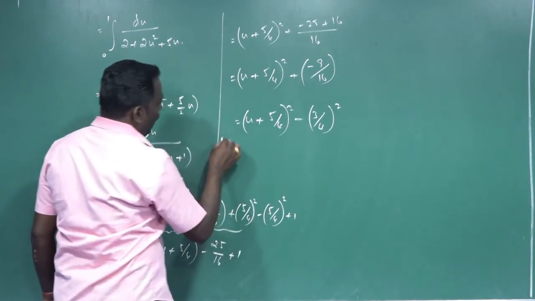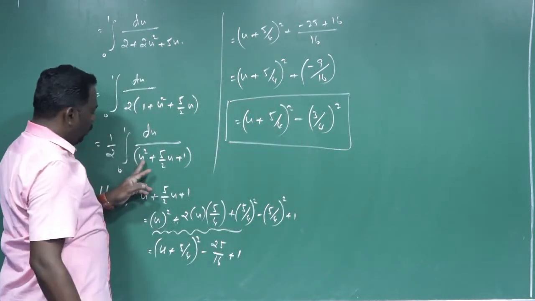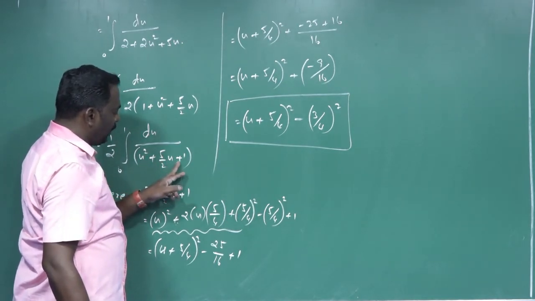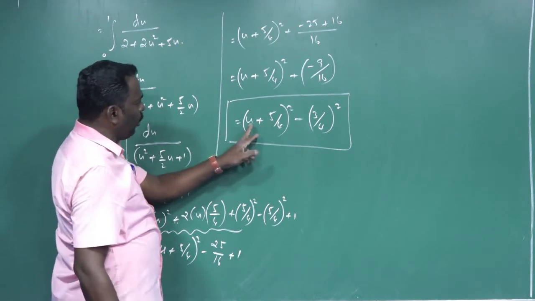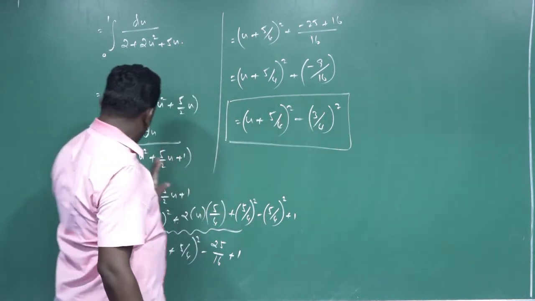Therefore, applying this to the last term, u² + 5/2 u + 1, we can rewrite the term as (u + 5/4)² minus (3/4)² in this last integral.